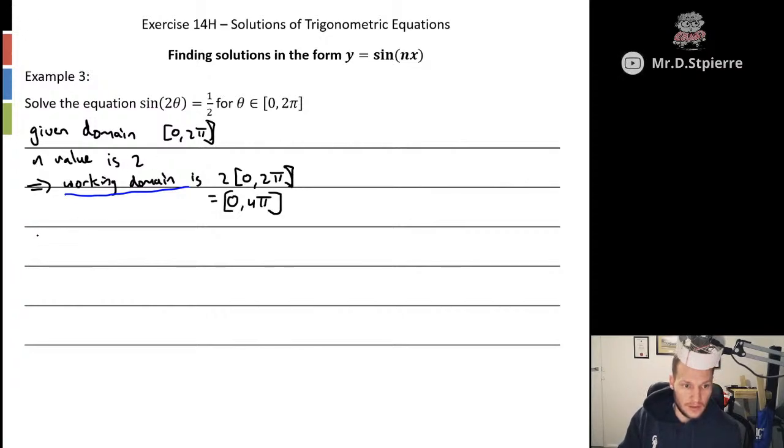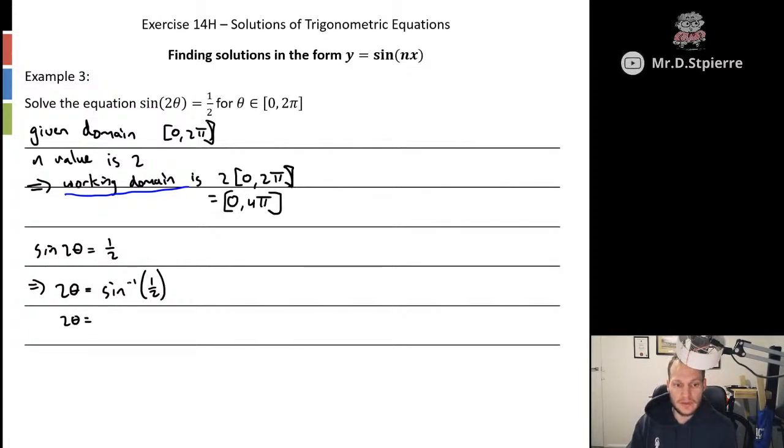So if we have sine 2 theta is equal to half, it follows that 2 theta is equal to inverse sine of half. So what angles give me a sine value of a half?